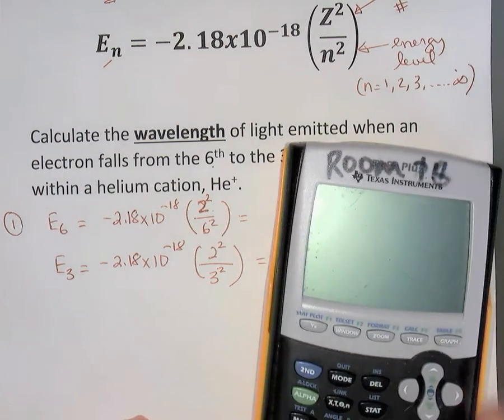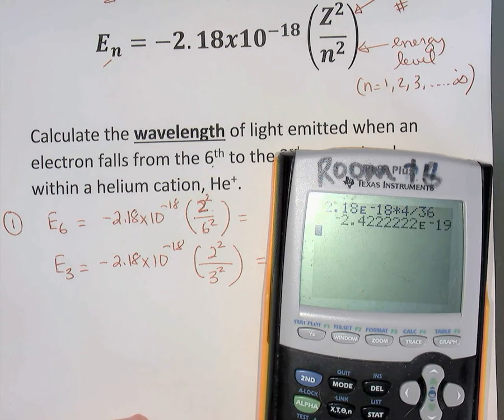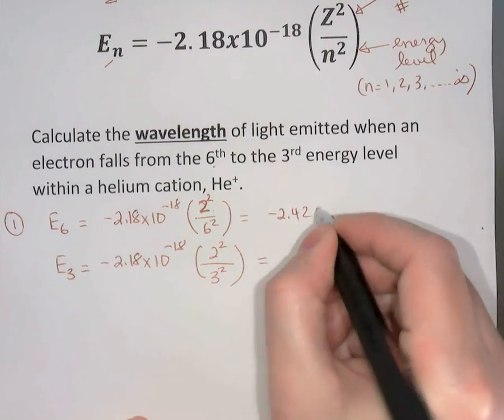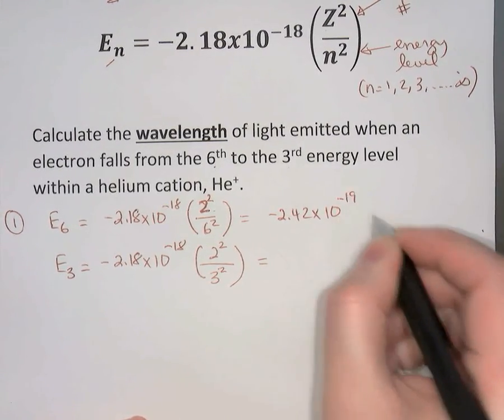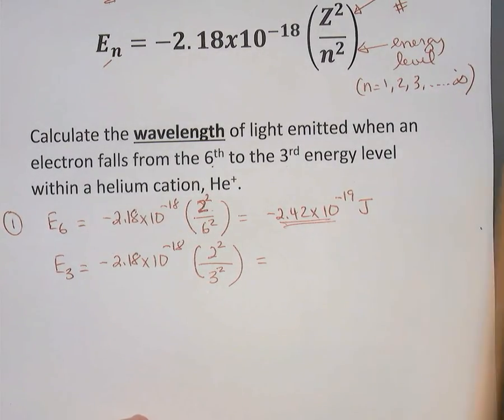So grabbing a calculator, we get negative 2.18 times 10 to the minus 18 times 2 squared is 4, divided by 6 squared, which is 36. I get negative 2.42 times 10 to the minus 19 joules is the energy in level 6.